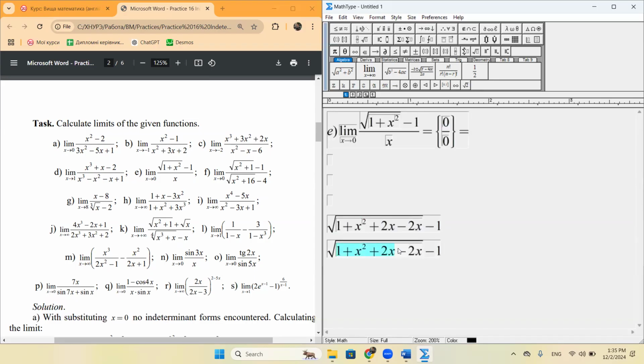A perfect square, but only for this part. By the way, the indeterminate form will not go away. If we substitute 0 in this expression, we will get 0 as well.